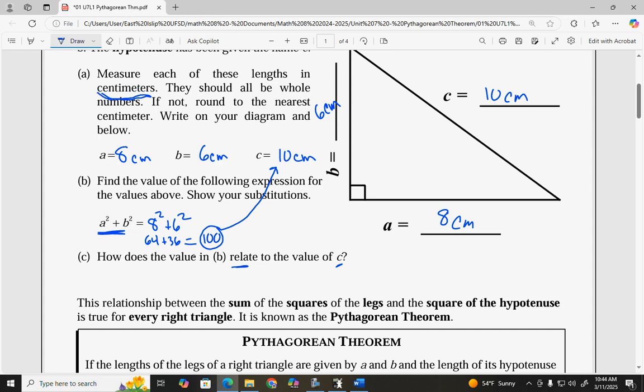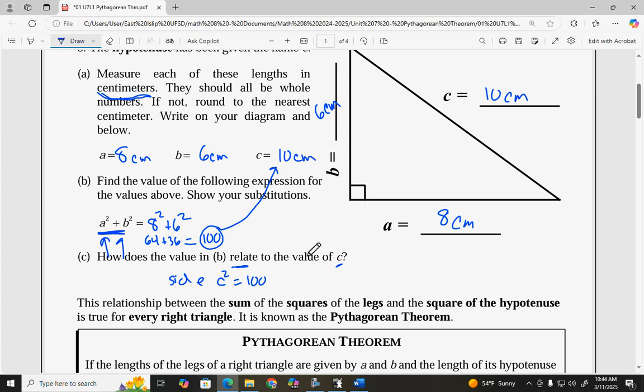Hopefully you're noticing that if you take side C and square it, side C squared actually is 100, right? Side C squared actually equals side A and side B squared. And this is something that people recognized many, many, many years ago.